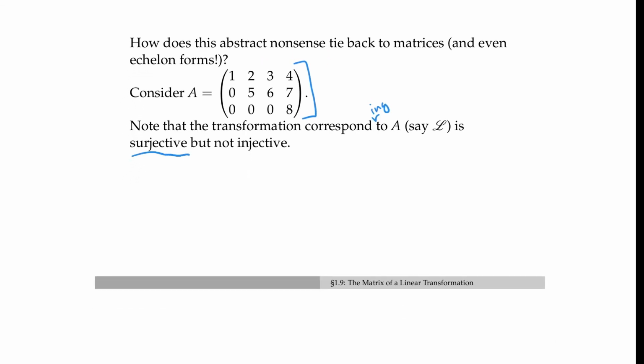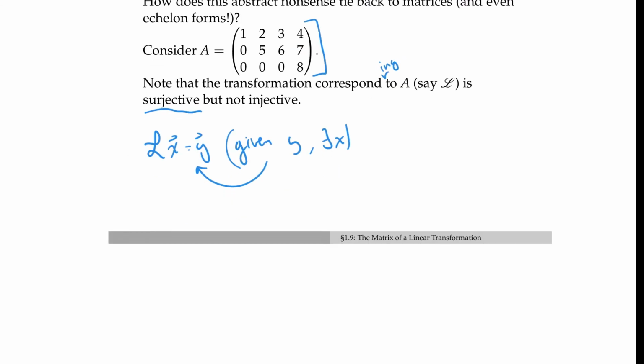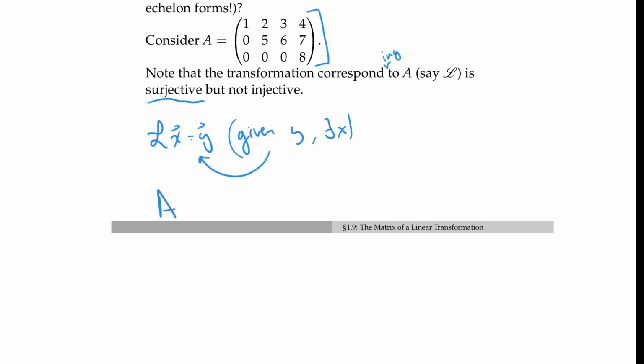Let's do surjectivity first. Let's say I have the transformation I'm going to write as L, and I want to know if Lx equals y. So given y, there exists an x where this is true. Well, think what that is. This is us going back and saying, wait, hold up. Ax equals b, right?